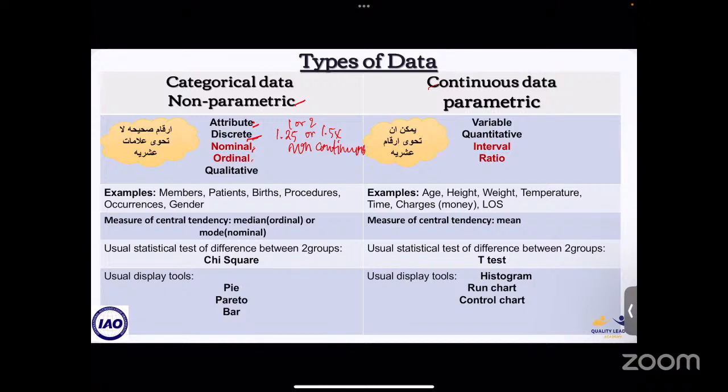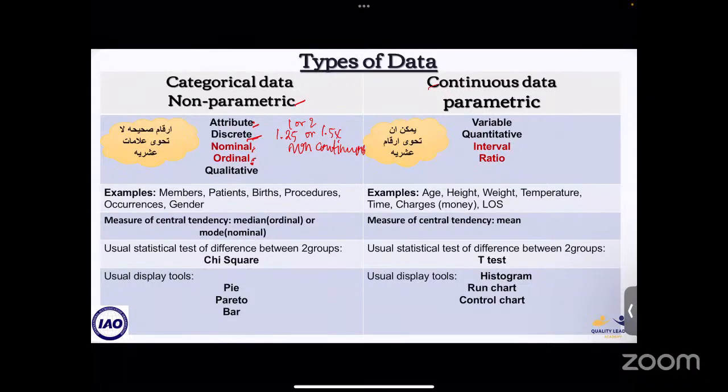What about ordinal data? This is data that has an order or ranking, but the intervals between ranks are not consistent. For example, pain scales from 1 to 10, or satisfaction levels from poor, fair, good to excellent. These are examples of ordinal data.